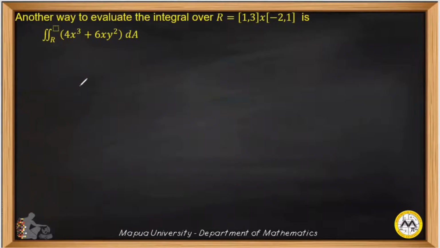So another way to evaluate the integral over the region R, if we have the integral of 4x cubed plus 6xy squared times the differential of area, where the differential of area is dy dx this time. So we will have the double integral of 4x cubed plus 6xy squared dy dx, where y goes from negative 2 to 1 and x goes from 1 to 3.